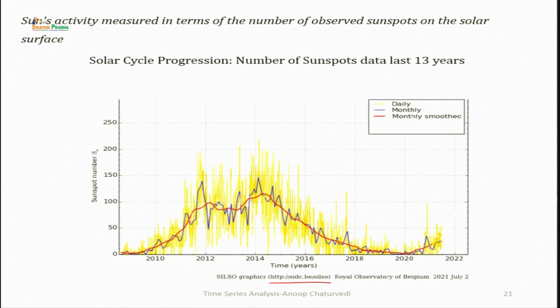Then this orange one gives you the monthly smoothed data. This graph clearly shows the periodicity. This is 13 years of data, but it shows periodicity. It starts increasing from here, reaches its peak and then starts decreasing. Again it has started increasing.